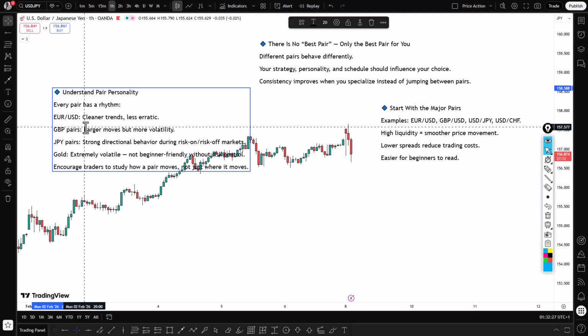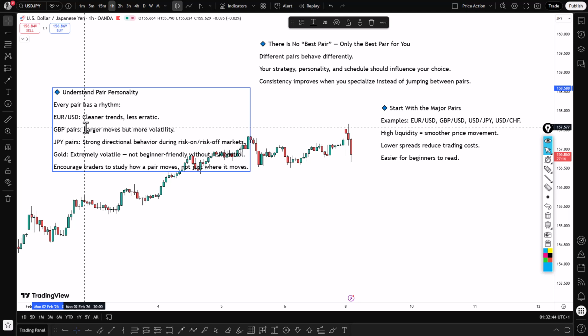And so what does that result in? It results in cleaner trends that are less erratic, in the sense that they don't just make violent swings that don't make sense at all. And that's because of how liquid they are.